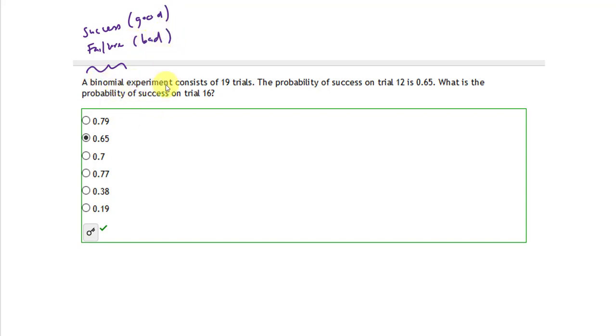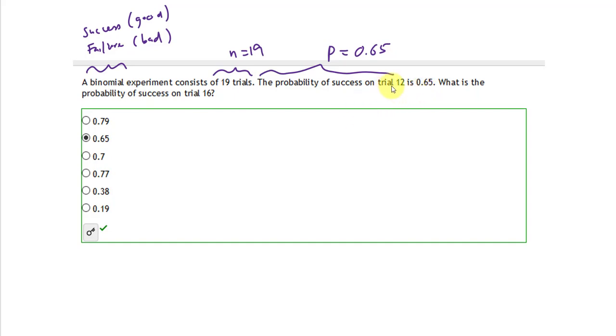This binomial experiment consists of 19 trials, so n equals 19. The probability of success on a trial, where success is denoted by the letter p, on trial 12 is 0.65. What is the probability of success on trial 16?